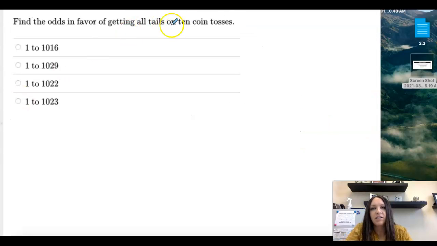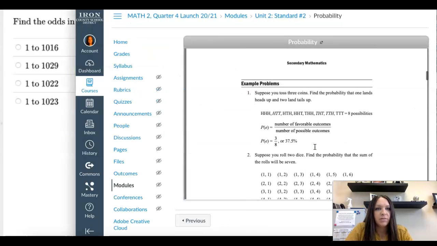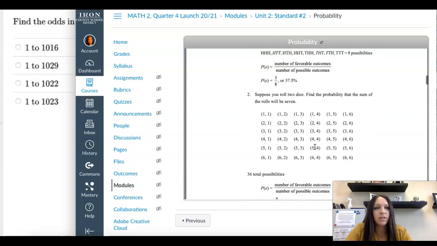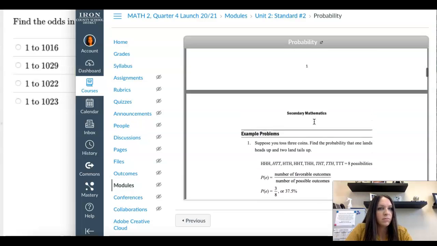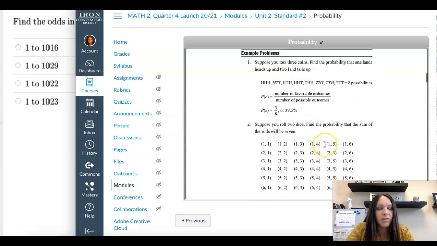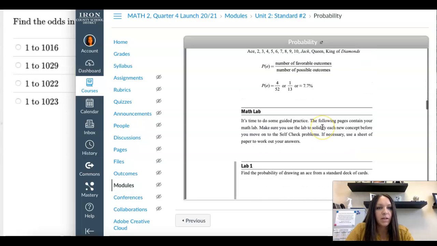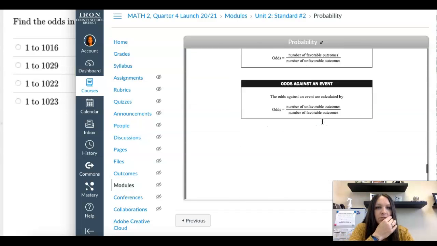Find the odds in favor of getting all tails on 10 coin tosses. So this is something different. Let's see where it talks about odds in favor. Oh, here we go.